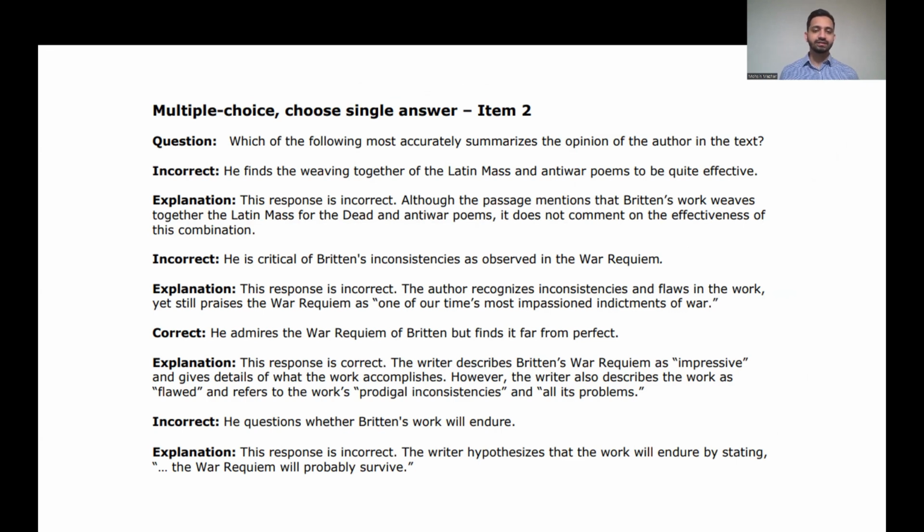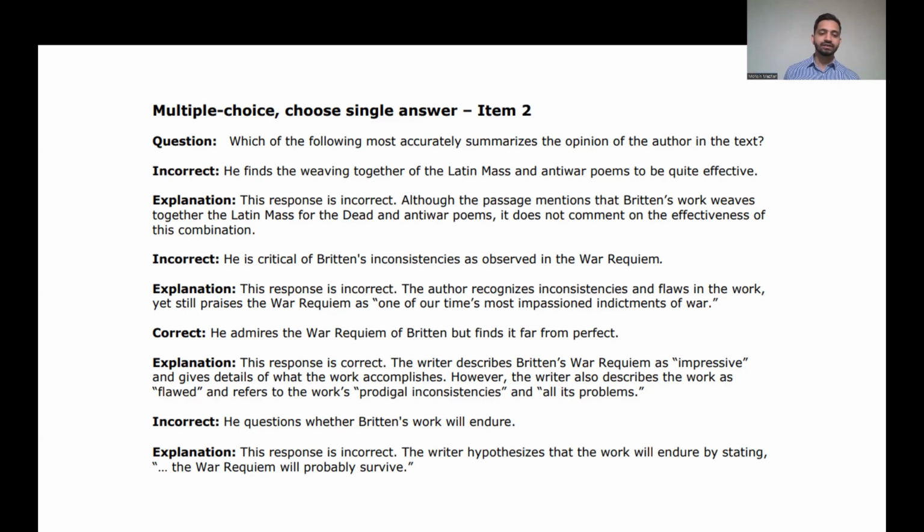So we'll eliminate that for that reason. He is critical of Britain's inconsistencies as observed in the War Requiem. This option is incorrect. The author recognizes inconsistencies and flaws in the work, yet still praises the War Requiem as one of our time's most impassioned indictment of war. That sentence right there, he's admiring it, so it's not fully critical.